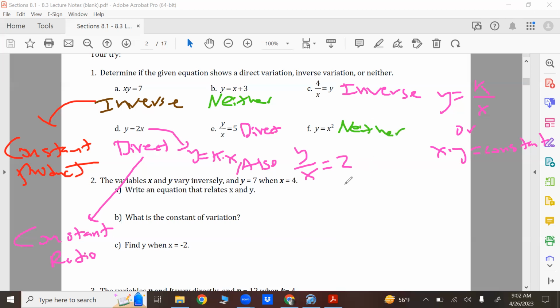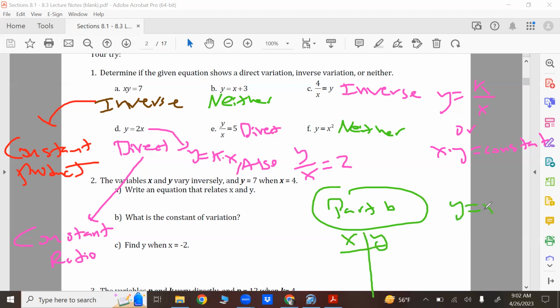Let me explain why. For part B, let's say I do an xy table, right? The equation is y equals x plus 3. Let me pick some random numbers for x, like 1, 2, and 4, right? Not totally random, but what's y going to be when x is 1? What's y going to be when x is 2?